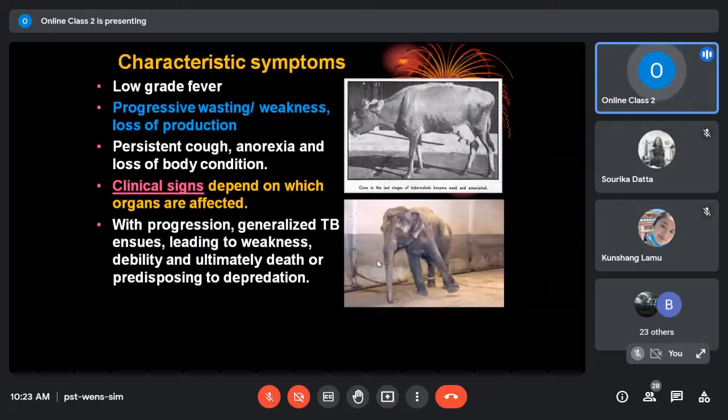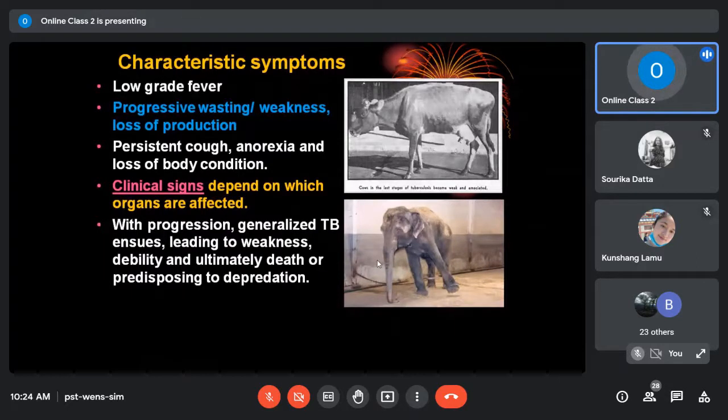They may show persistent coughing, loss of appetite, and loss of body condition. The clinical signs in tuberculosis depend upon which organs have been infected. For example, if the digestive system, the intestines, are involved, then chronic diarrhea may be there.